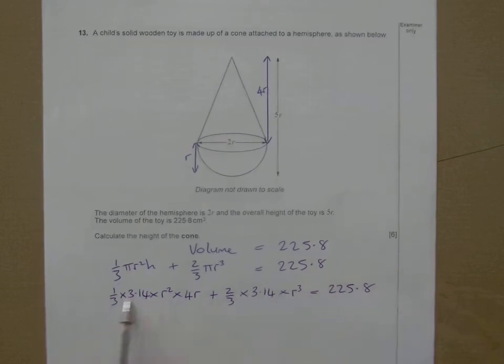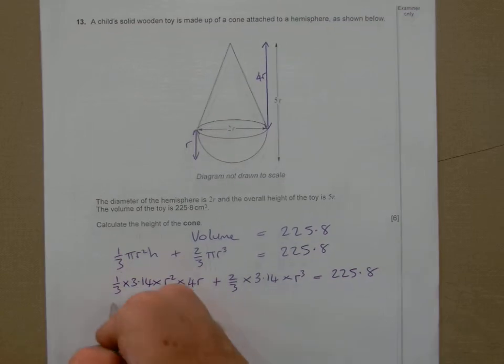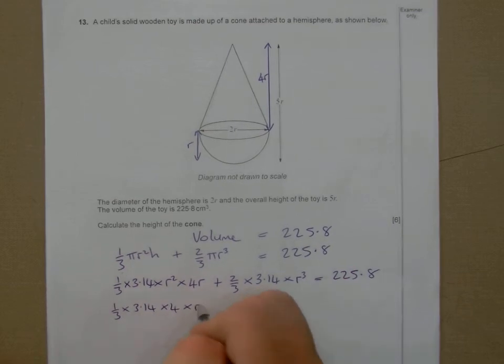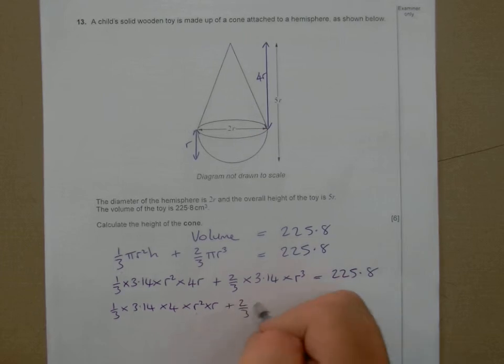Now what I need to do is use my calculator and work out these numbers. Don't worry about the r's. If you want, you can write this line out to make it clearer: put the numbers together and then the r terms together, so you've got an r squared and an r. If you want an extra line.